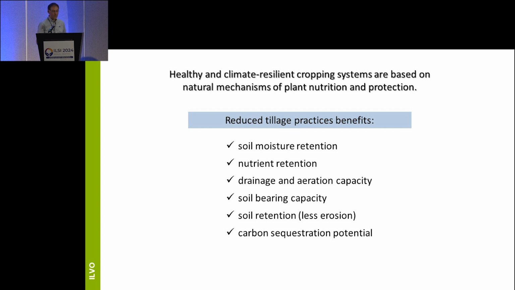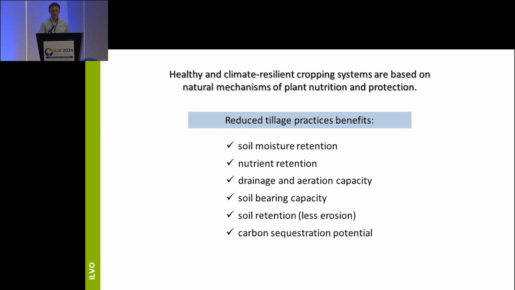In such a system, you also have more retention of nutrients. Why? The nutrients are more in the upper part of the soil profile, and because you don't incorporate your plant residues, you have less acidification, and acidification leads to nutrient leaching.